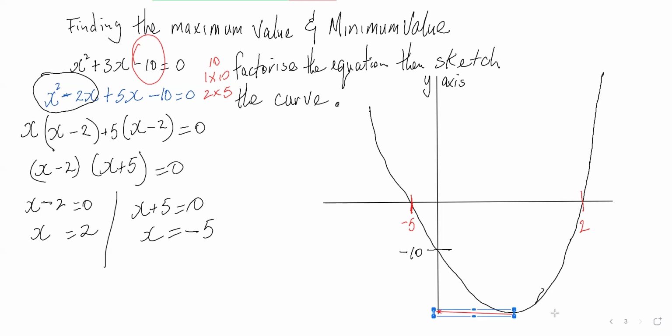So it corresponds to whatever this value here. So it's the turning point. So whatever the y value is, this is called my minimum value. The y value here is my minimum value. Now the y value here is actually k when we complete the square.